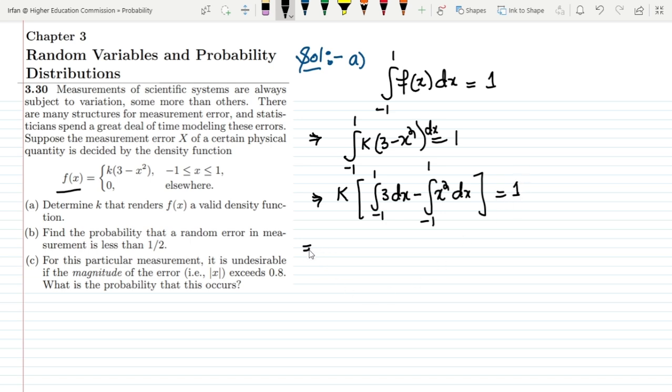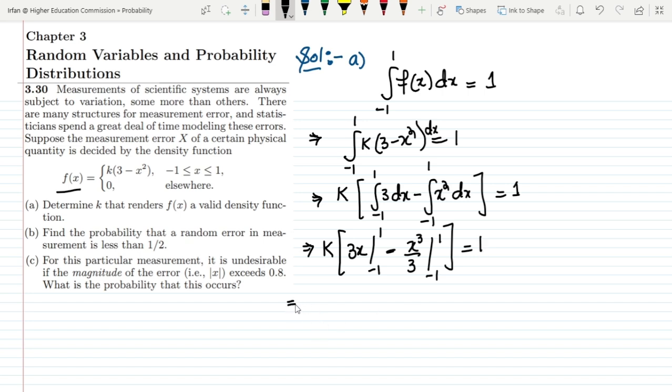Now let me simplify it. I will get 3x from -1 to 1, and minus x cube divided by 3, because the exponent is increased by 1 and we divide by it, from -1 to 1, and it should be 1.